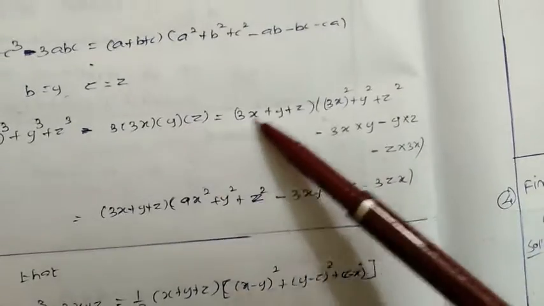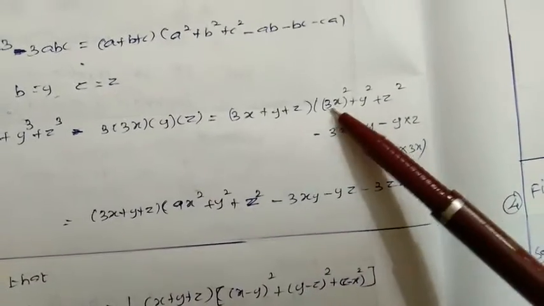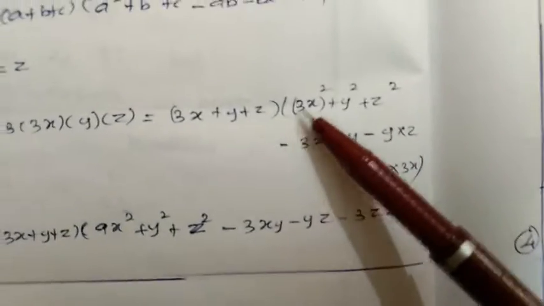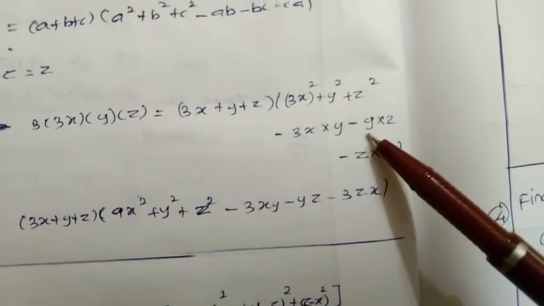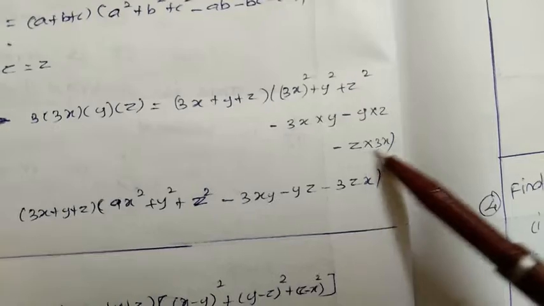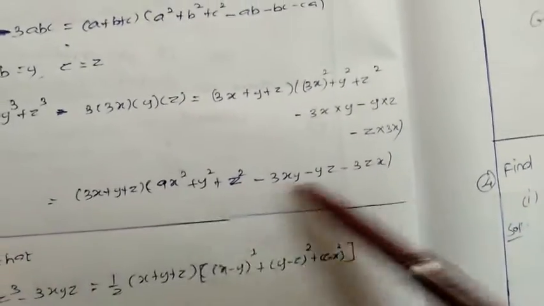Now we can write directly, but 3x the whole square is 3 squared into x squared, so 9x squared. Here the product minus 3xy minus yz minus 3zx. So this is the factor of the given problem.